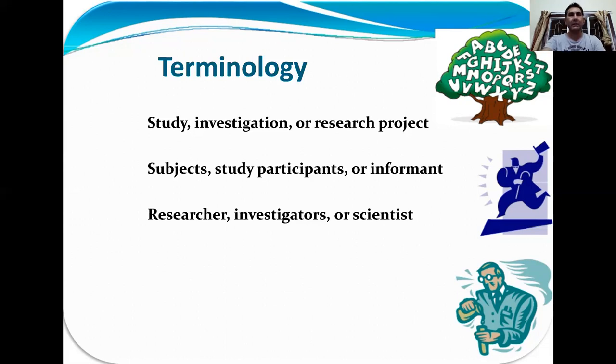And the other terms are subjects, study participants, or informants. These are three terms which are used interchangeably in a research project. The subjects are those from whom we collect information. Subjects may be human beings, animals, plants, etc. And the study participants are volunteers.